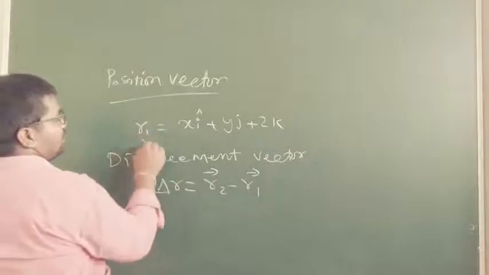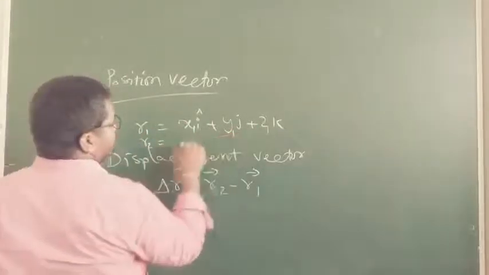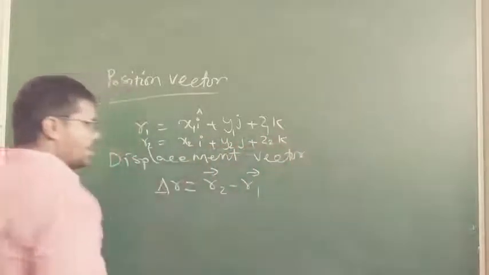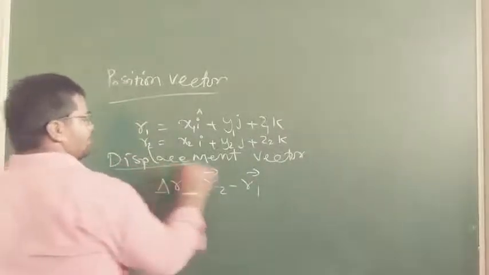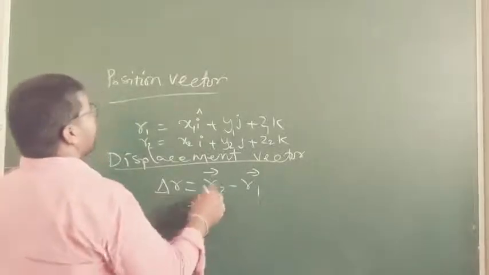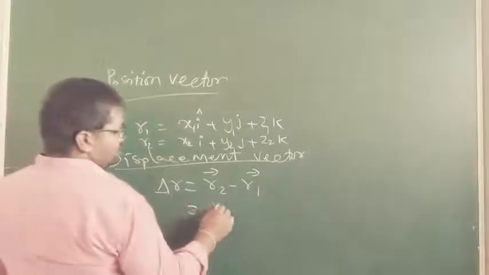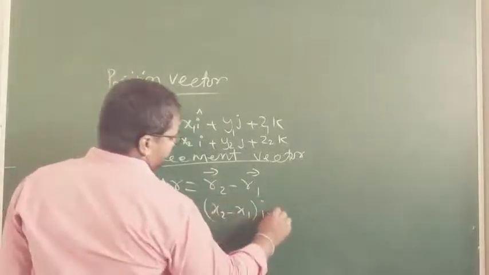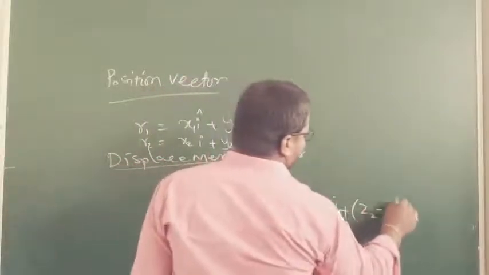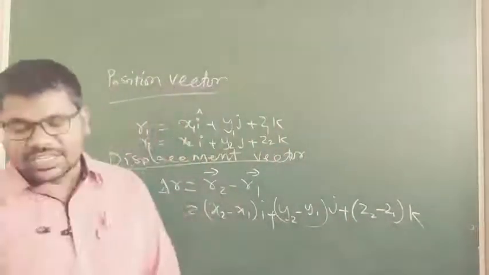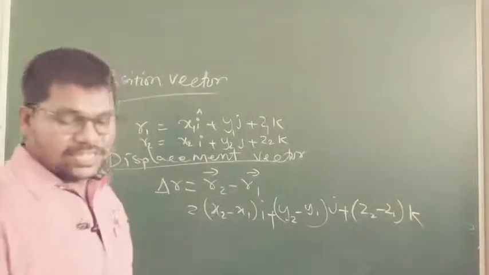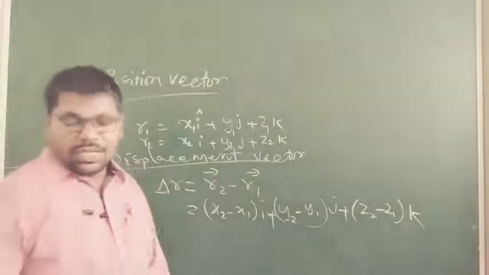If r1 and r2 are x2 i, y2 j, z2 k, then the displacement vector, defined as the change in position, is x2 minus x1 i plus y2 minus y1 j plus z2 minus z1 k. This we call the displacement vector.